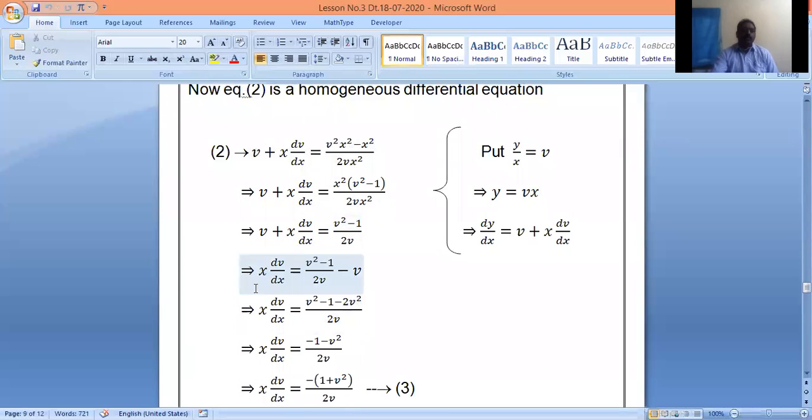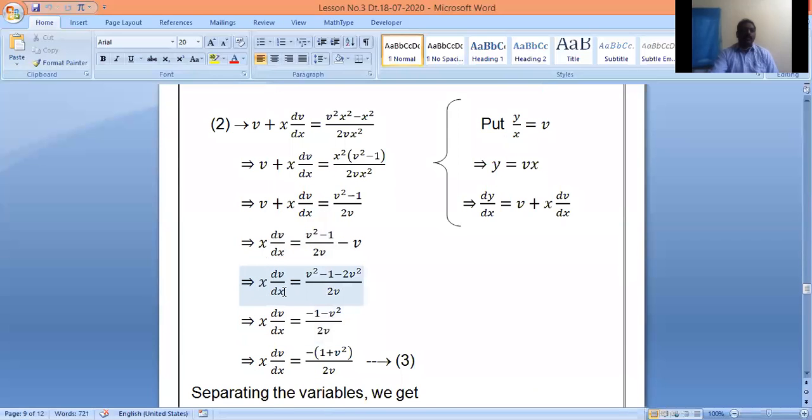That implies x into dv by dx is equal to v square minus 1 by 2v minus v. That implies x dv by dx is equal to v square minus 1 minus 2v square by 2v.